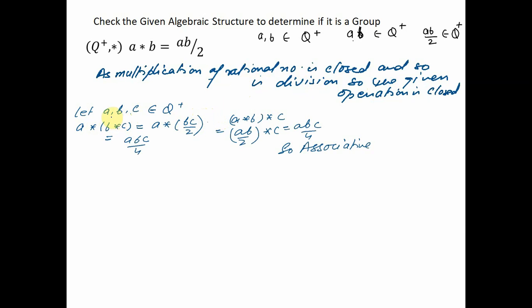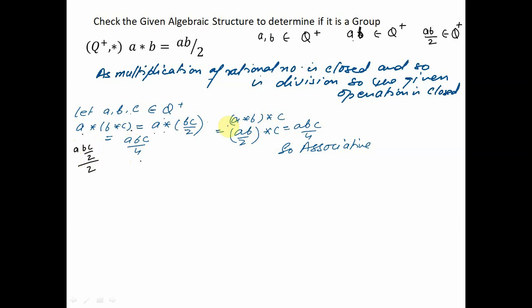Closure is verified. Now, in this case, associativity we will have to verify. Let a, b, c be three elements belonging to the set of positive rational numbers. On the left side I have (a star b) star c, and a star (b star c) will be a times bc divided by 2, and when I open this up I'll get abc upon 2 upon 2, which will give me abc divided by 4.